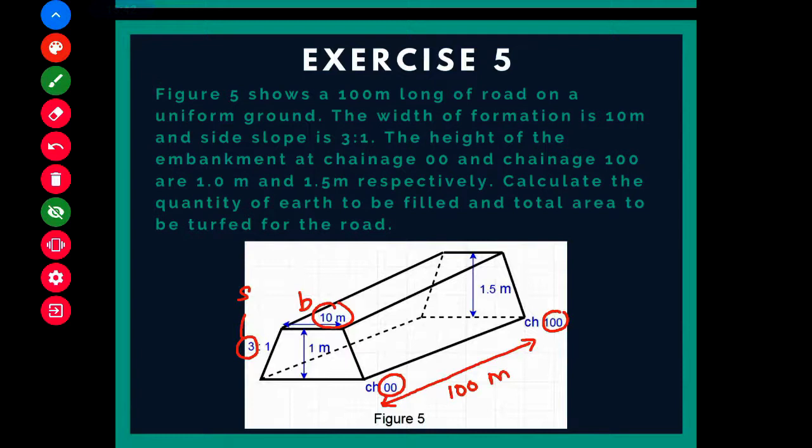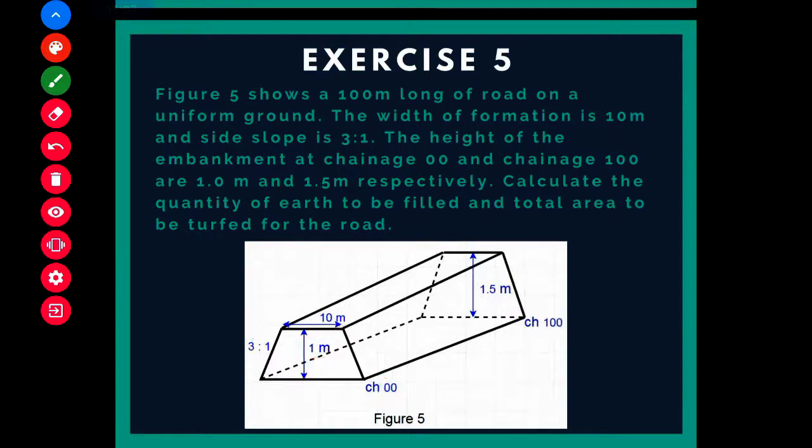The height of the embankment at chainage 00 is 1 meter. So here the depth is 1 meter. And at chainage 100, the depth will be 1.5 meter. Calculate the quantity of earth to be filled and total area to be turf for the road.